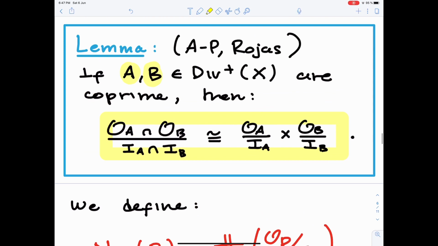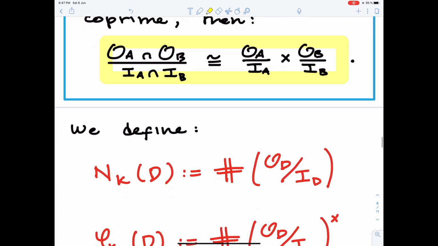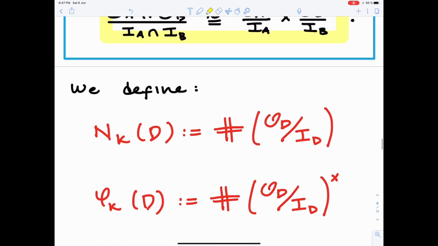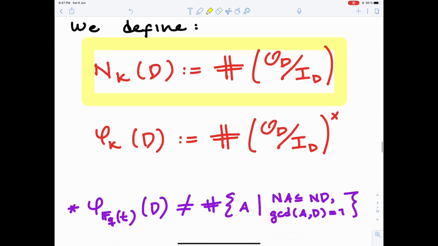And with this in place, we define the norm of D to be the size of this finite ring. So this is going to be the norm. And by analogy, in the case of the integers, we define the Euler function as the size of the units of this ring.